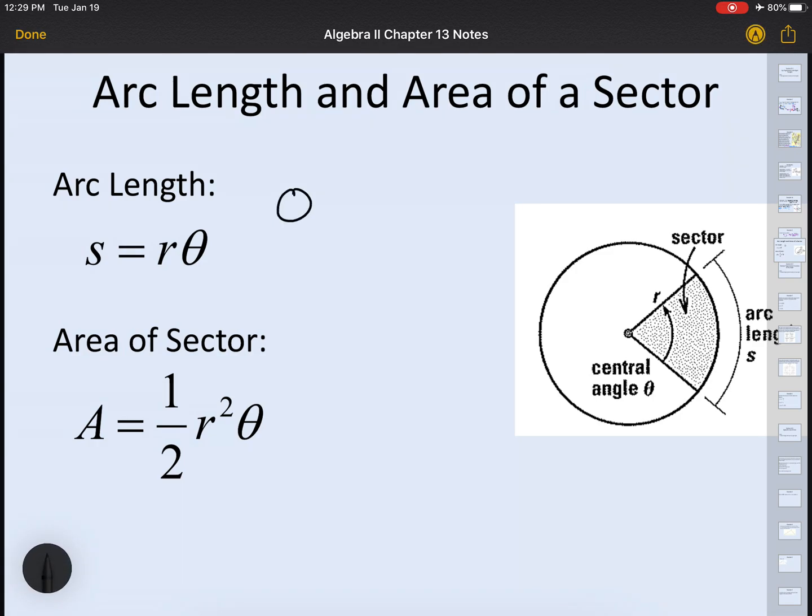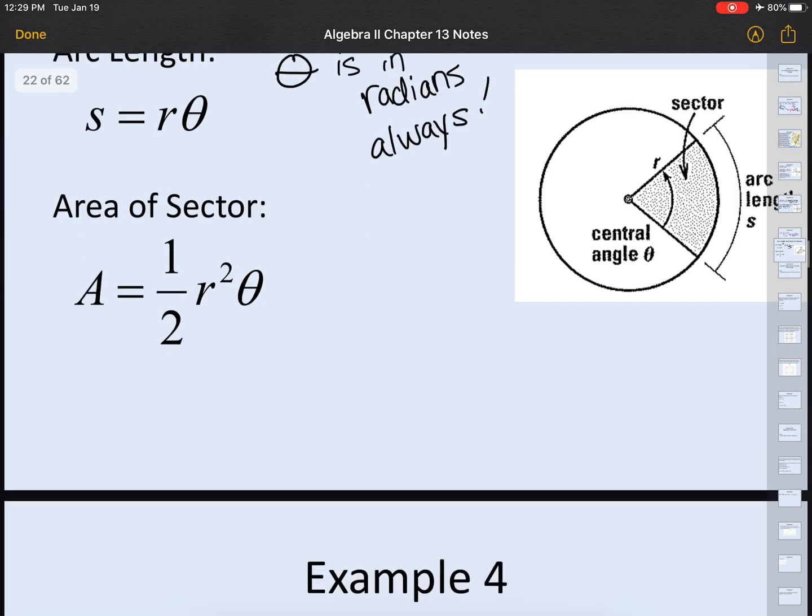So our angle theta is always in radians. It's very important to note that theta is always going to be in radians because we're talking about sectors and lengths of arcs.